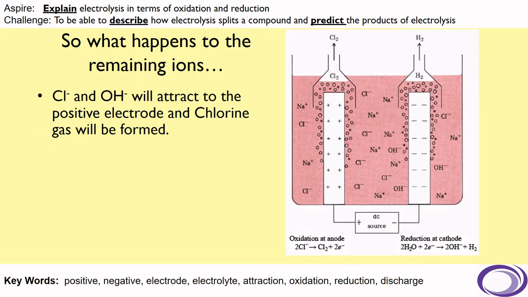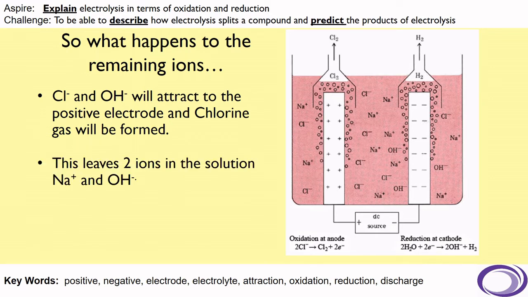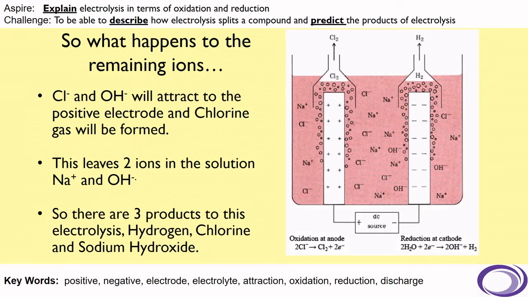So now we've got sodium ions and hydroxide ions left in the solution, which means there are technically three products to this electrolysis: hydrogen, chlorine, and sodium hydroxide, which you may remember from an earlier unit is an alkali solution.